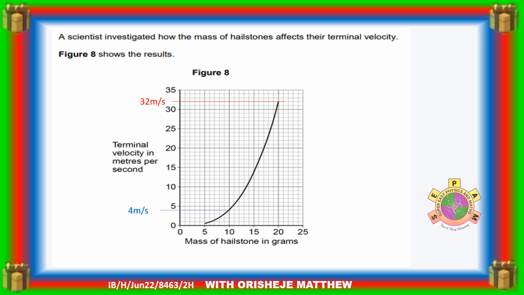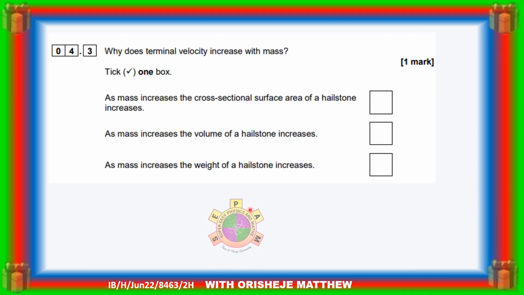Okay, why does the terminal velocity increase with mass? Now we have these options. As mass increases, the cross-sectional area of the hailstone increases. That is not the reason, no. As the mass increases, the volume of the hailstone increases, no. As mass increases, the weight of the hailstone increases.